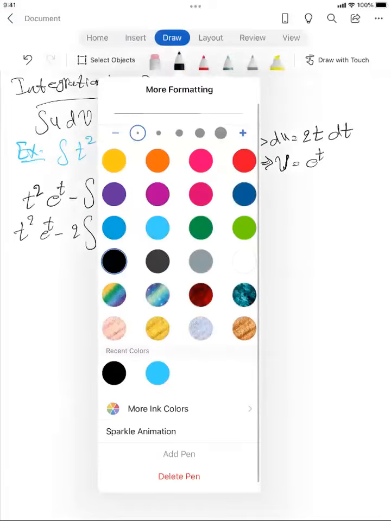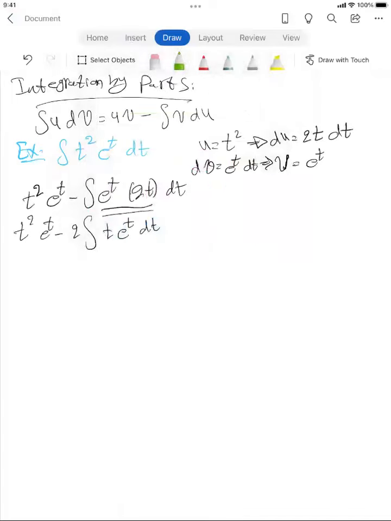Then I would need a second integration by parts. I'll use a capital letter U just to distinguish it from the lowercase u for the first integration by parts. Then capital U would be simply t.